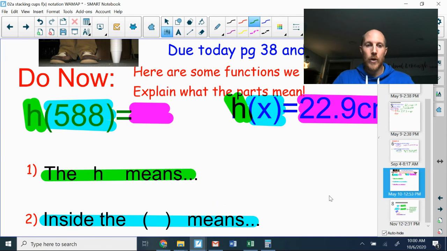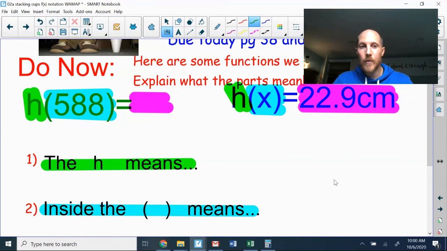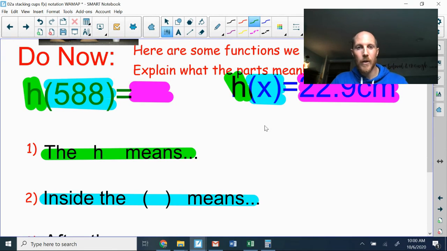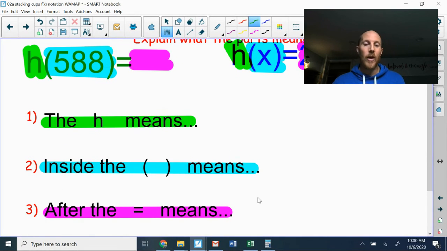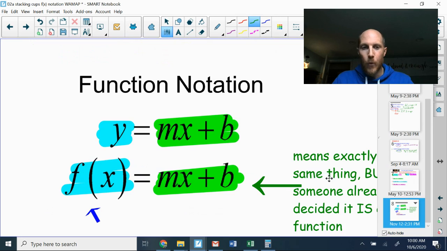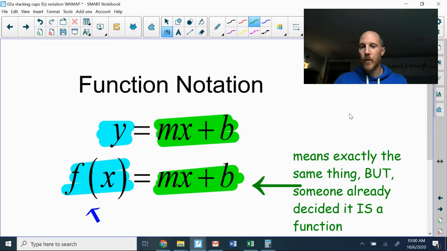So just to summarize, that's not actually what's due today. Function notation: the H in this case is the label, and it means height. The number inside the parentheses means the input, it's the number of cups, and after the equal sign, that means the height. When we see function notation, a lot of times it's going to take the place of the y in an equation.